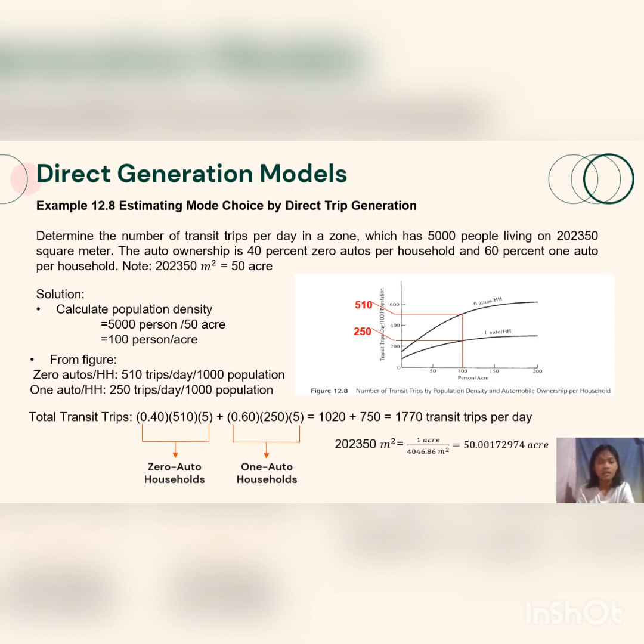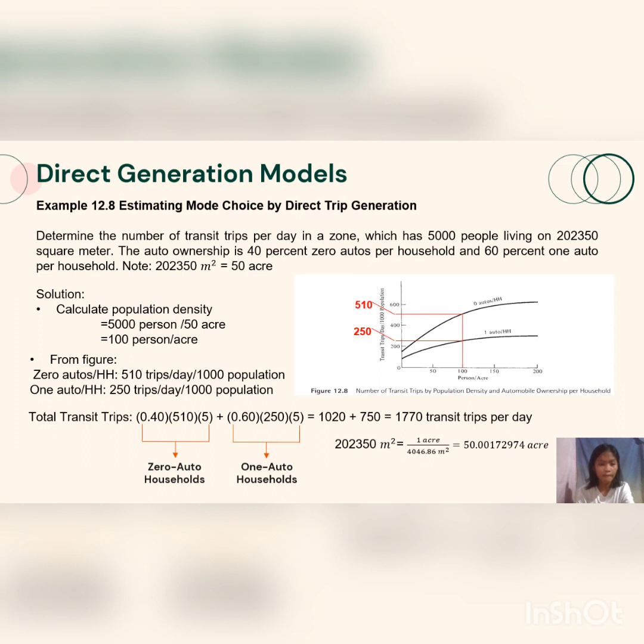To convert 202,350 square meters to acres, we use 1 acre over 4,046.86 square meters, which is equal to 50 acres.